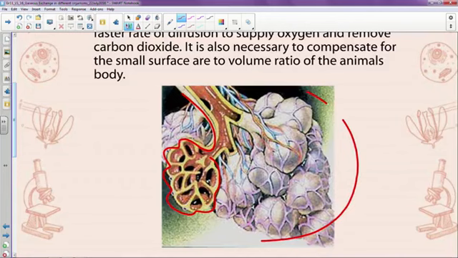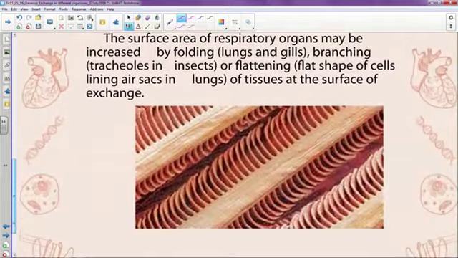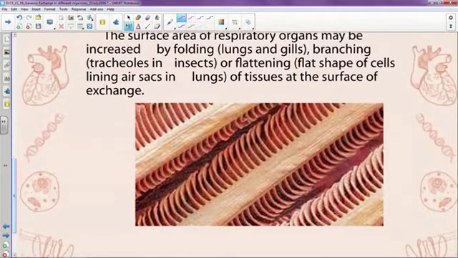And these alveoli are increasing the surface area so that there's a maximum exchange of gases occurring. If we look at the gills of fish, you'll find that these have gill rakers. If you look at a rake, it's got these lines running across, and this essentially increases the surface area for the exchange of gases.